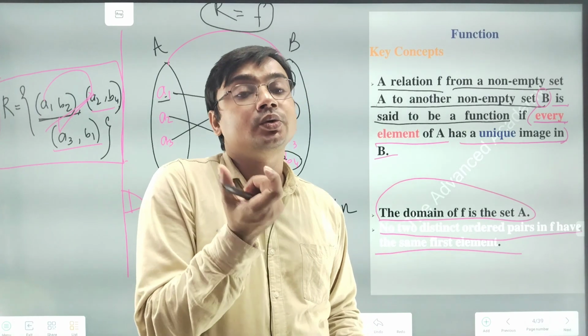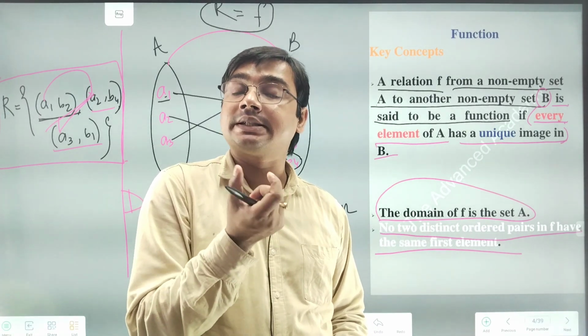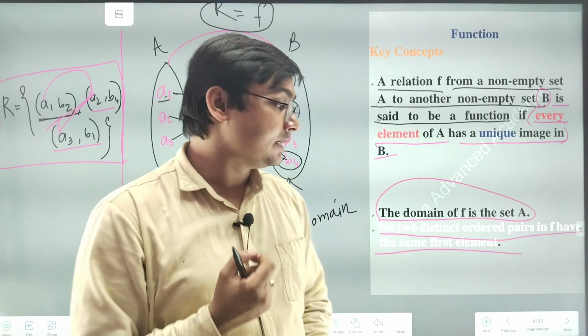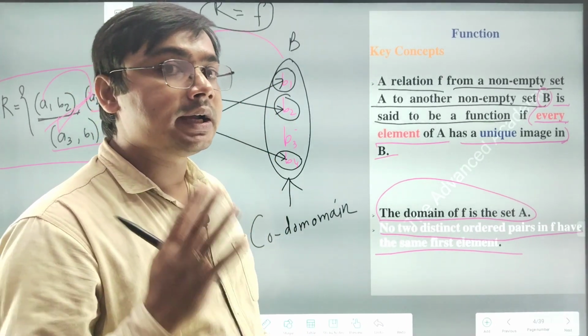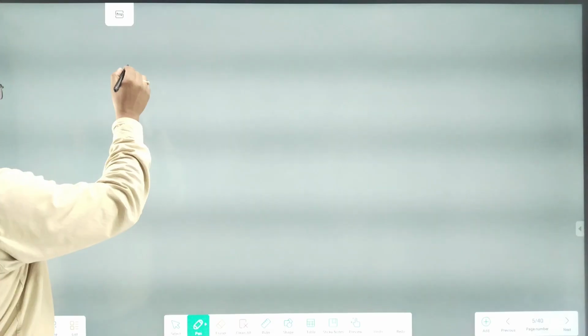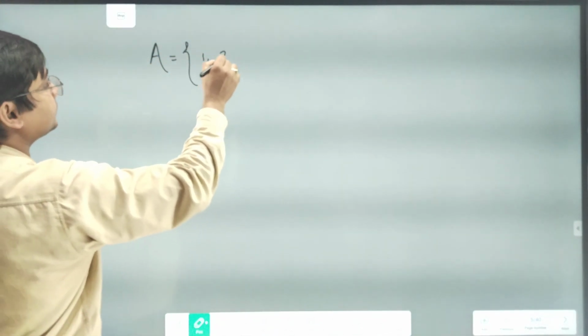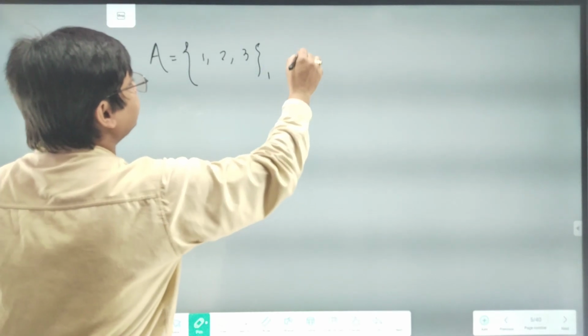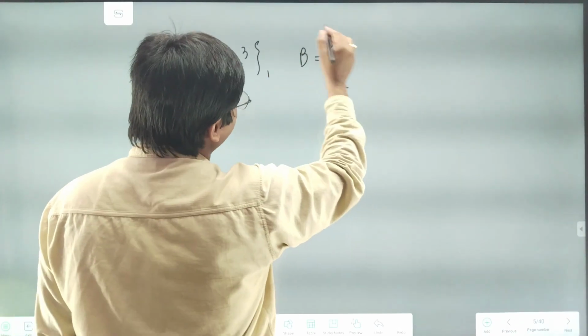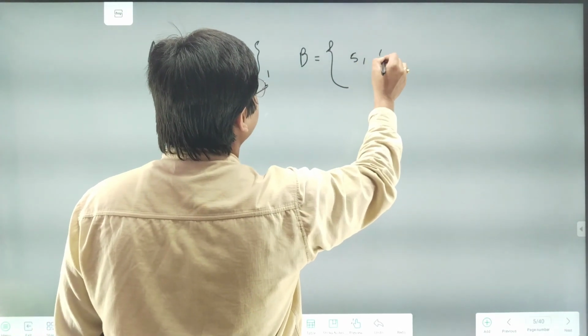That means no two ordered pairs have the same first component in case of a function. Suppose we consider A is a set consisting of 1, 2, 3 and B is another set, suppose 5, 6, 7.